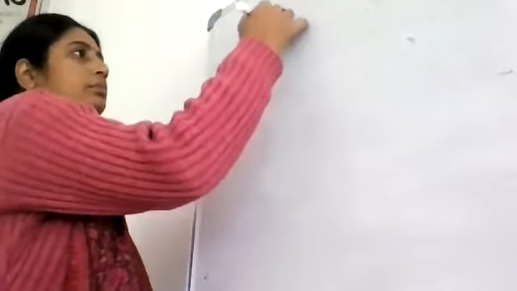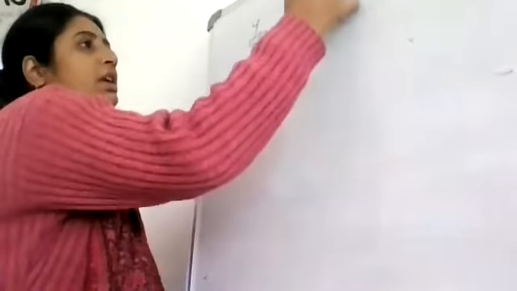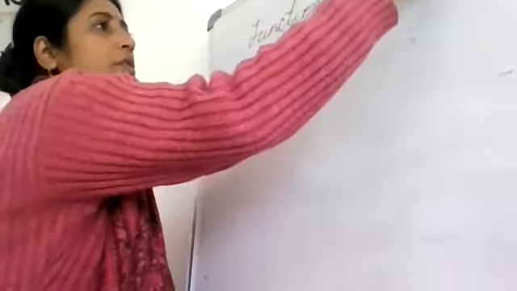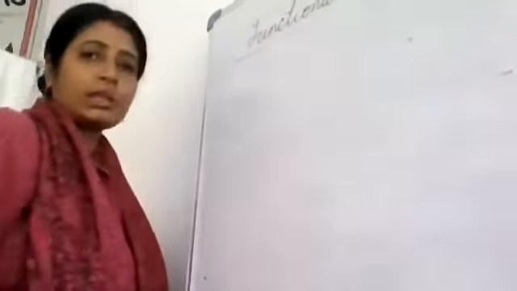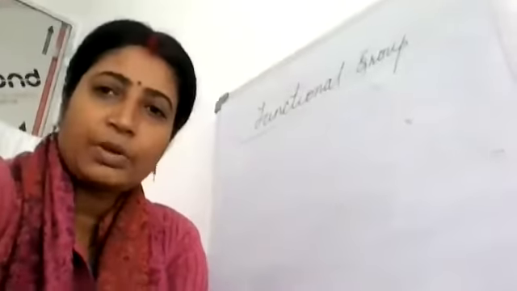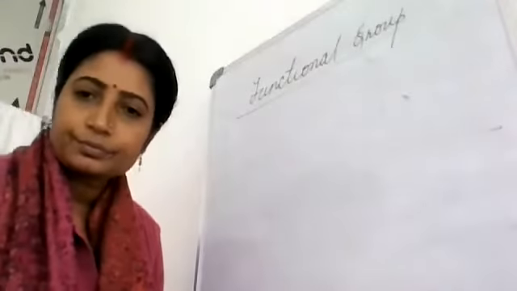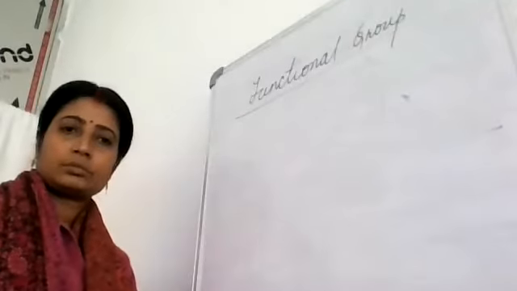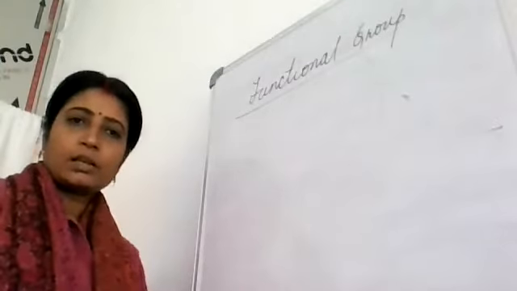Yes, ma'am. In both sections, I think the same topic is going on. C and D. Section D. Is anybody present? Trisha is present. Salja. Yes, ma'am. She is present.